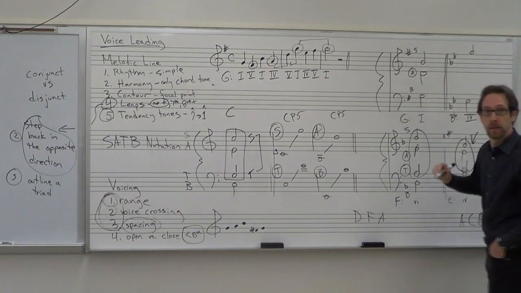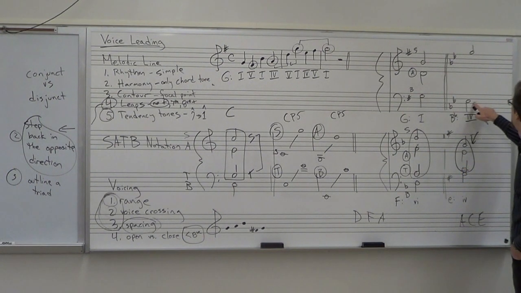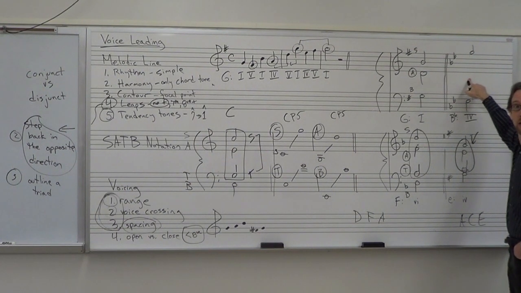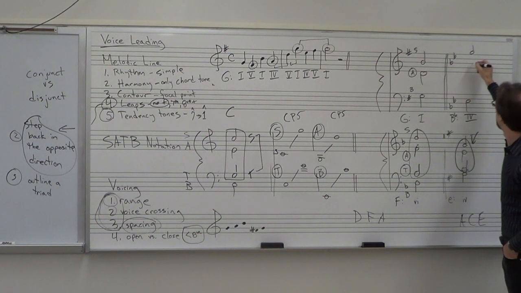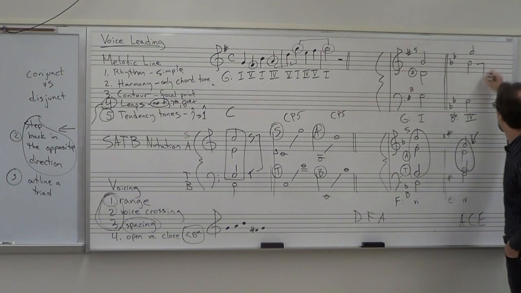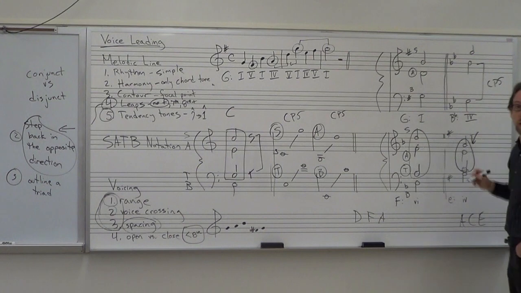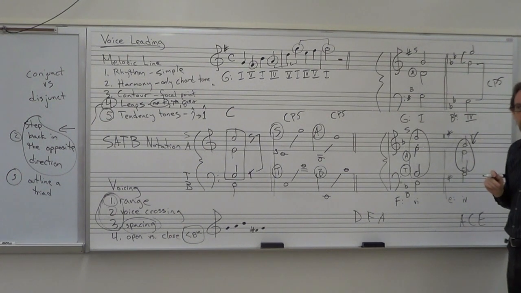It should be a D to complete that chord, G, B, D. Here we have an E flat, we have a G. We need to put our alto. We're not going to put the B flat down here because that would be more than an octave between our alto and soprano. We're going to put the B flat up here. Now we have a correctly voiced chord. So this is a compound perfect fifth, which is totally acceptable, and this is an octave or less, which is what we want.